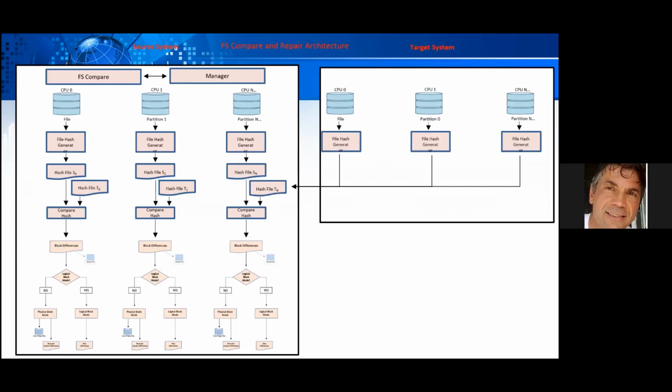As we can see here, the source system or production system is on the left, and the target system or disaster recovery system is on the right. Each source and target file partition hash is calculated in parallel across multiple CPUs for maximum efficiency. When all source and target partition hash calculations are complete, they are compared to produce a list of source and target partition block differences.